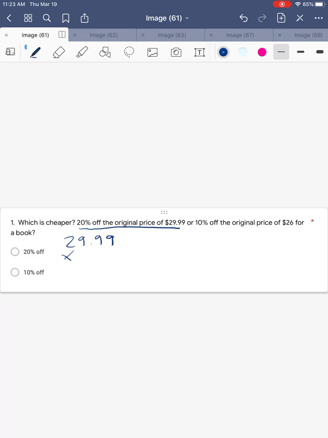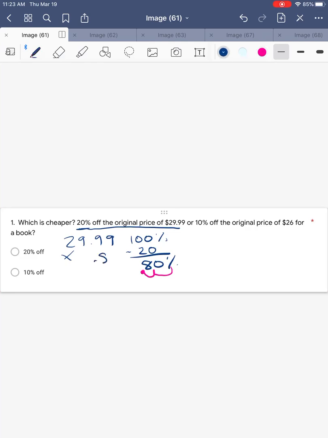But remember, if the total price equals 100% and they got 20% off, we're going to subtract the 20 from 100, which equals that they actually paid 80%. But we want to figure out what the decimal form of 80% is, so we move our decimal 2 spots to the left, which is 0.80.